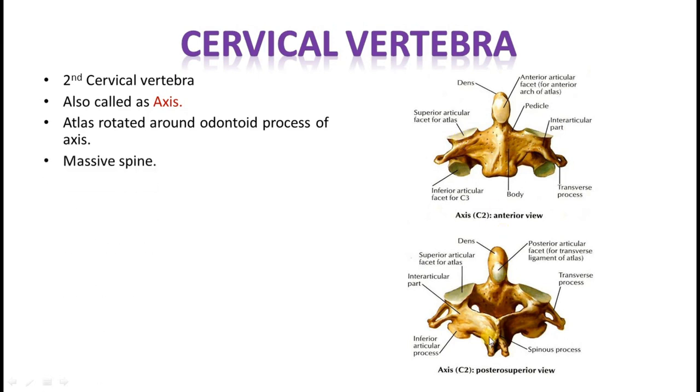Then if you look at the spine, it is very massive, thick, and bifid. So the spine is thick and bifid, there is the odontoid process, and then you have the two superior articular facets which are responsible for the weight bearing. So these are the identification aspects for the second cervical vertebra or the axis vertebra.